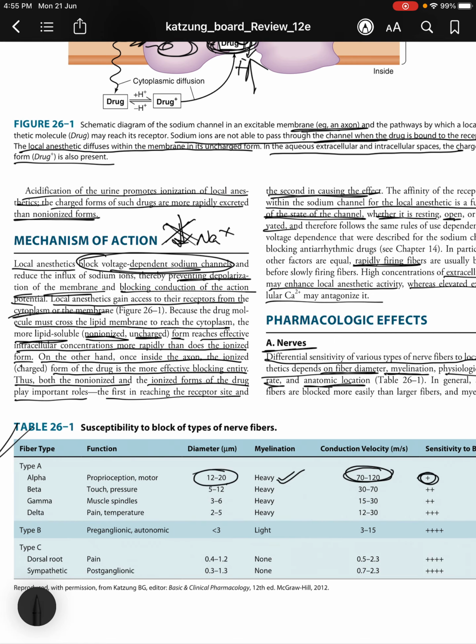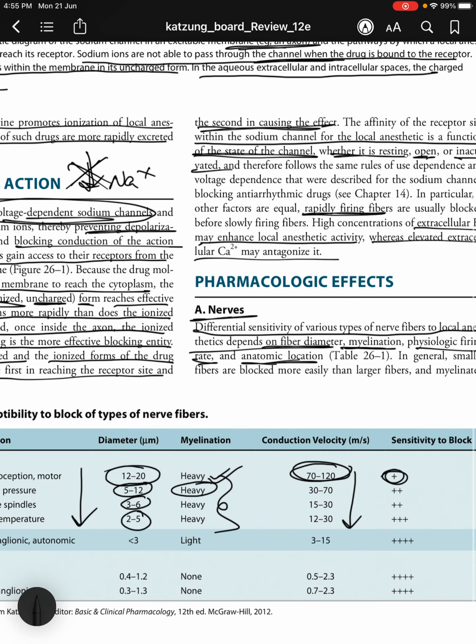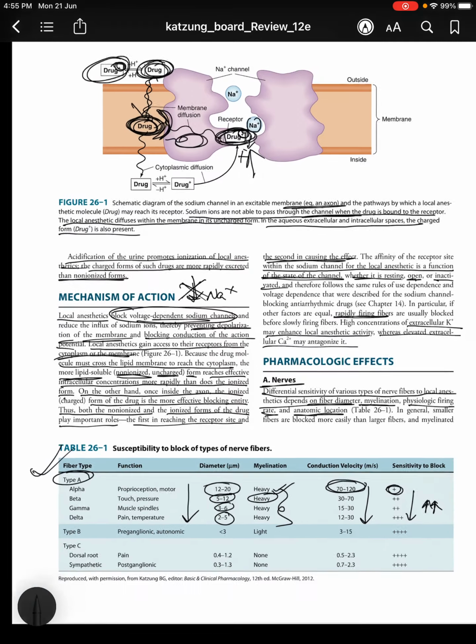Coming to beta fibers, they are also quite heavily myelinated. All the type A fibers are heavily myelinated, and the diameter keeps decreasing as we progress from alpha to delta. So the conduction velocity also keeps decreasing, and the sensitivity to blockage keeps increasing.